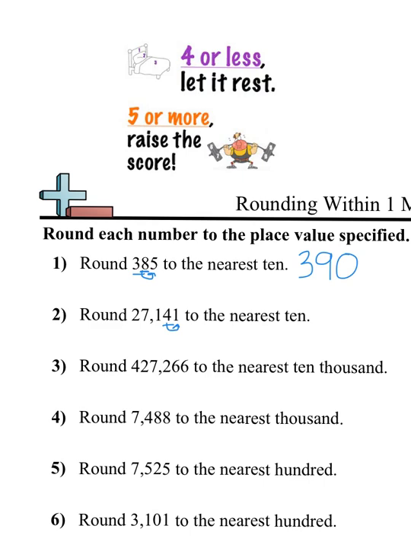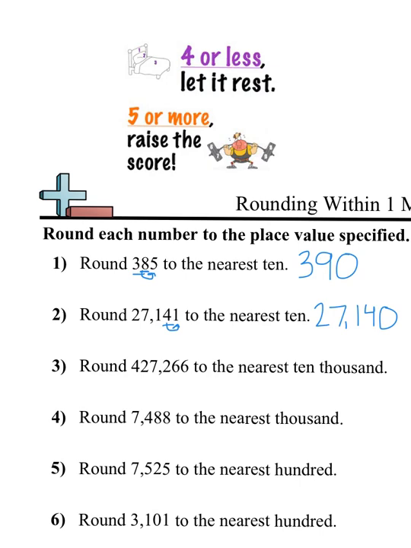That means the 4 is going to stay the same, and again, any place value before that 4 stays the same, 27,100, and the 4 stays the same. Anything after the target place value, which would be the 1 in the ones place, will become a 0. So our number rounded to the nearest 10 is 27,140.